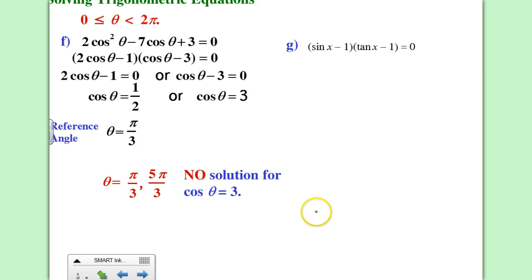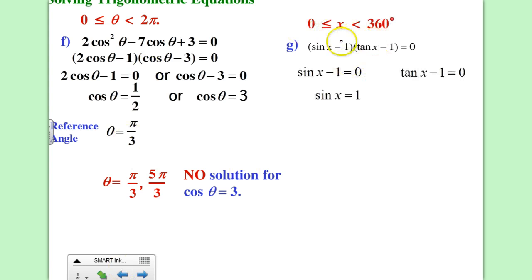All right. And lastly, in G, if they already factored it for you, then all you need to say is that, first off, the restrictions are in degrees, so sine x must be 1 and tangent x must be 1. We can go through and see the reference angles. There is only one place where sine's going to be 1, and that's 90 degrees. Tangent would be 1 at 2 places, so there's a little bit of a hiccup there.